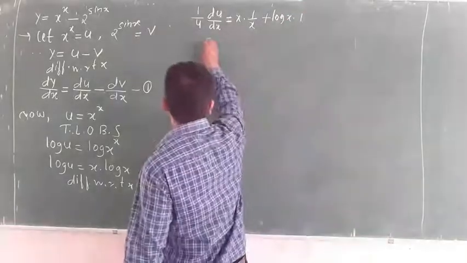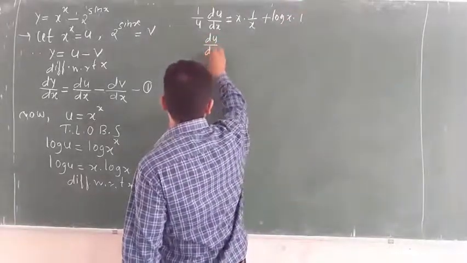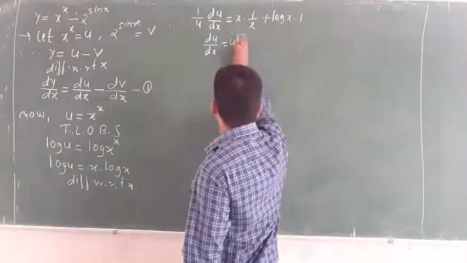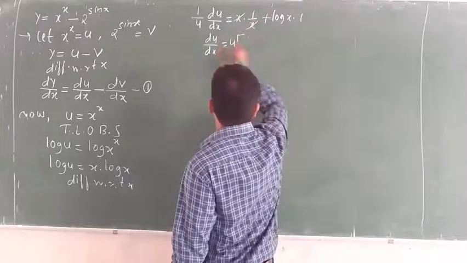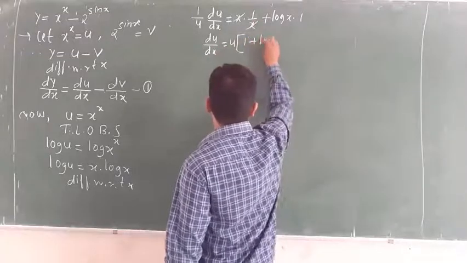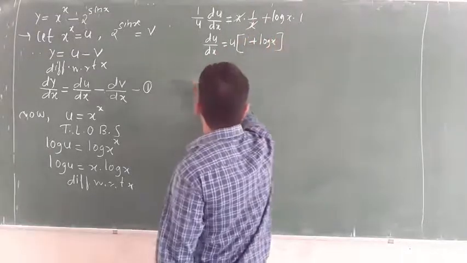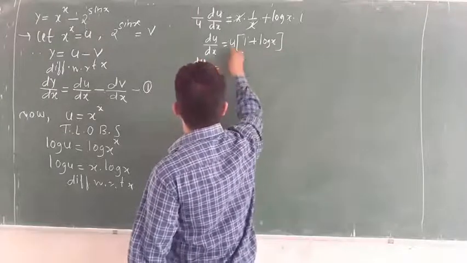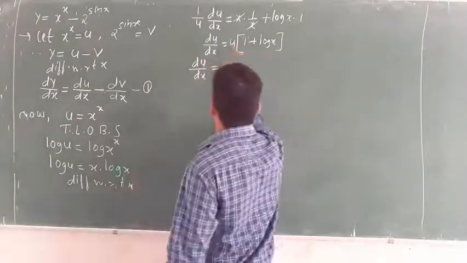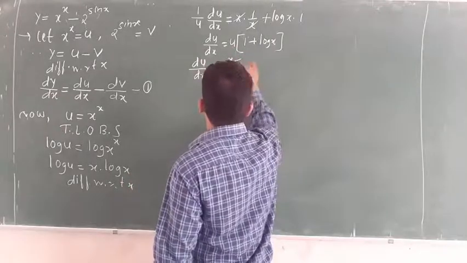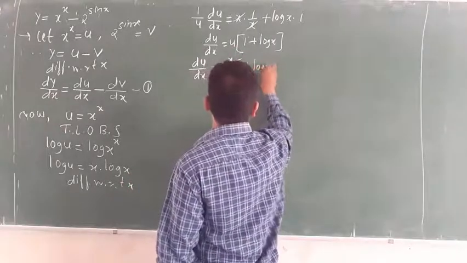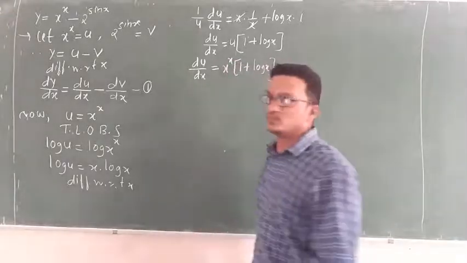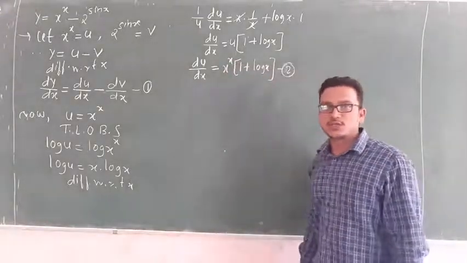Then u transfers to that side, it multiplies, x into 1 by x cancels, giving 1 plus log x. So du by dx is equals to x to the power x in bracket 1 plus log x. Give this as equation 2.